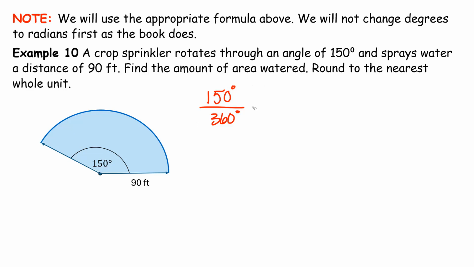And now all I need to do is multiply by the area of the whole circle to get the area of this fractional part. The area of the whole circle is just 90 squared times pi, pi r squared. So that is going to be about 10,603 square feet.